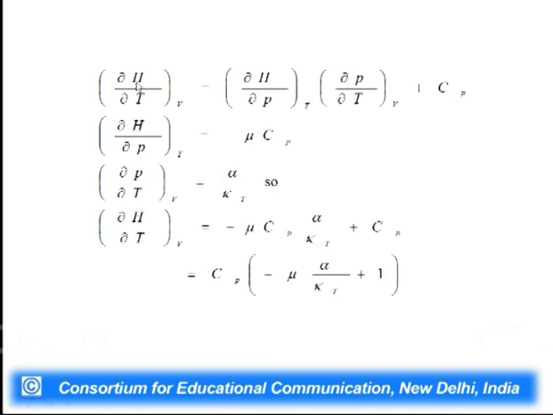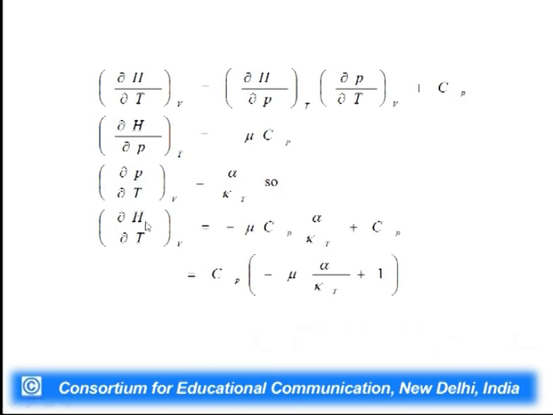So, now let us see that del H by del T at constant V is equal to what we just derived: del H by del P at constant T into del P by del T at constant V plus Cp. And from the Joule-Thomson coefficient we know that del H by del P at constant T is equal to minus mu Cp, and del P by del T at constant V is equal to alpha by kappa.